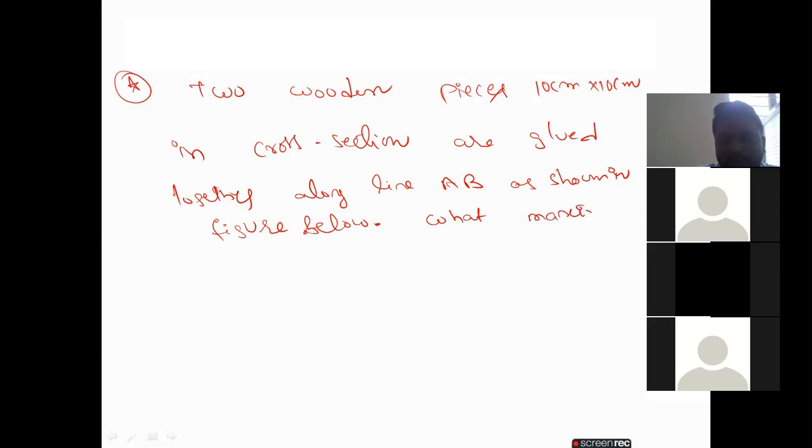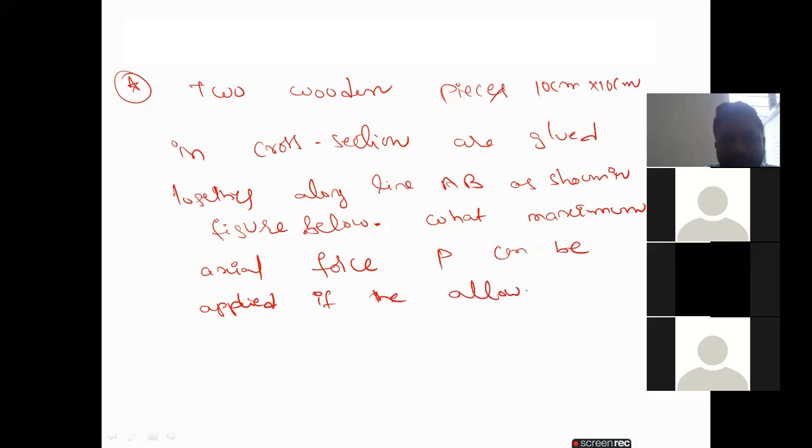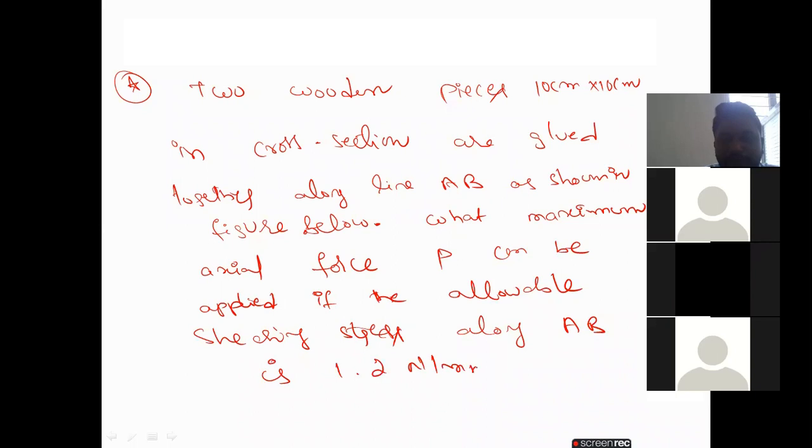What maximum axial force P can be applied if the allowable shearing stress along AB is 1.2 Newton per mm²?